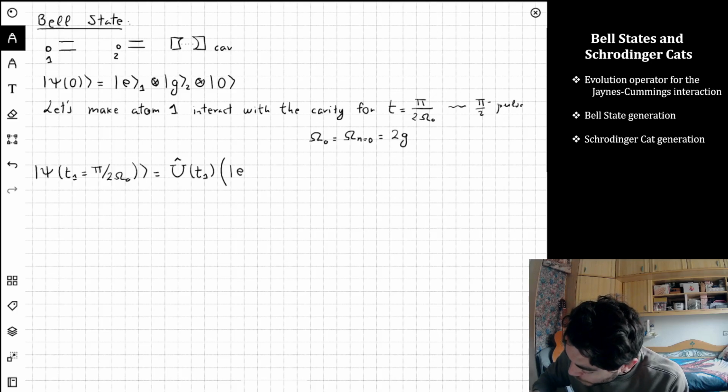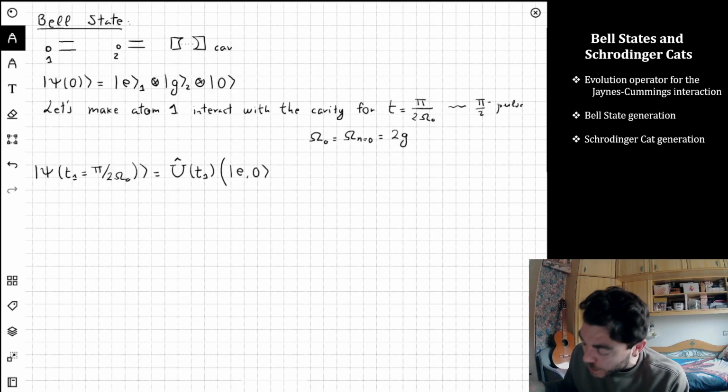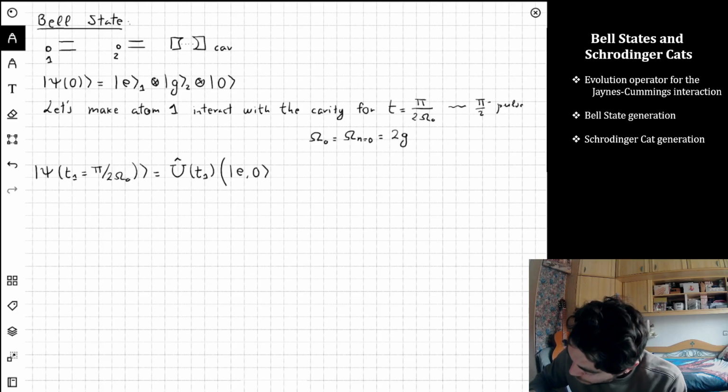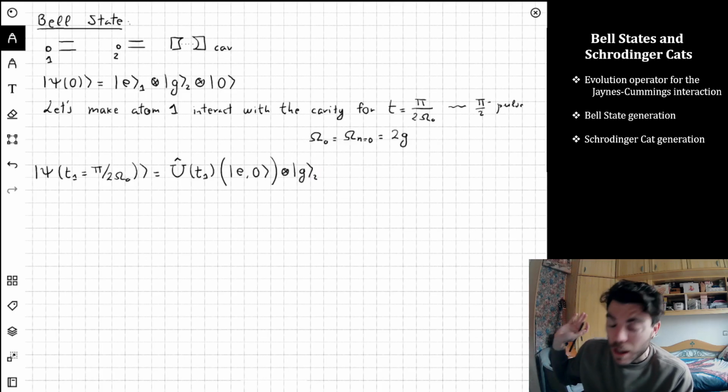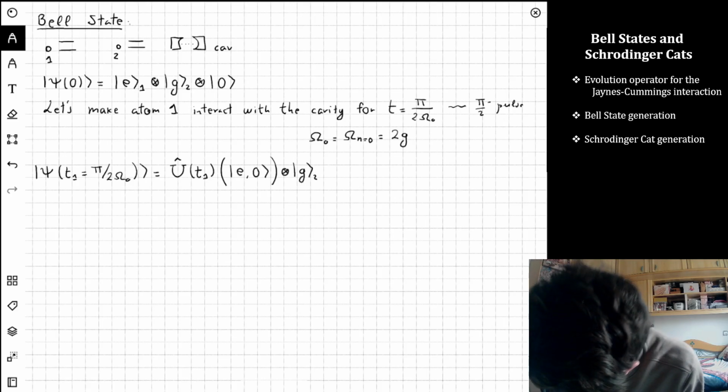But this we can write as E0, right? Because it's literally the state E0, and then this is tensor product with the other atom, because we are not doing anything to the other atom.